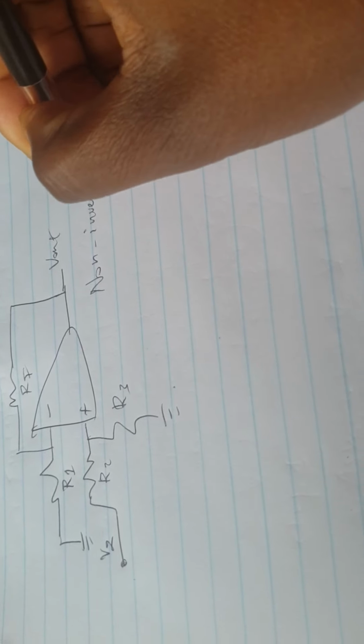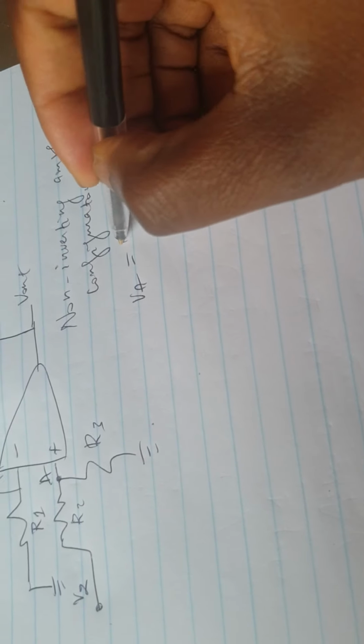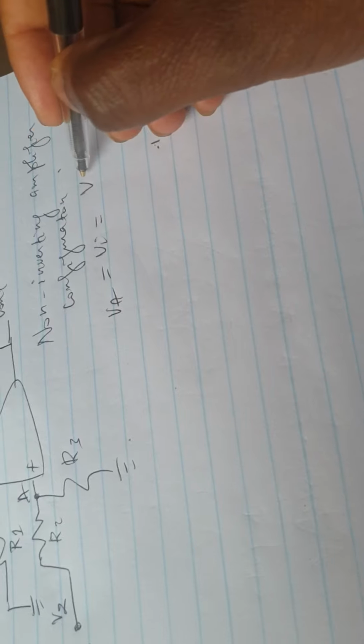This becomes a non-inverting amplifier configuration for which the input voltage VA, which is the input voltage here, is nothing but V2 times R3 over R2 plus R3 by voltage divider in that network.